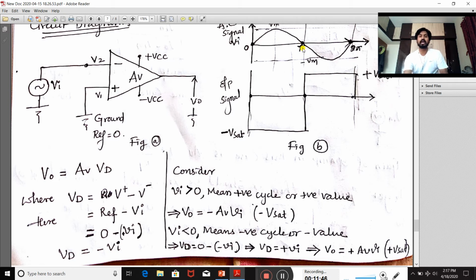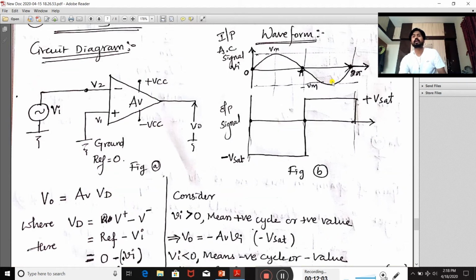When this Vi becomes minus, minus into minus becomes plus. So Vd is equal to a positive value. Positive into AV is positive V saturation. At this point, this zero crossing detector produces the pulse at the positive side, that is, positive V saturation.